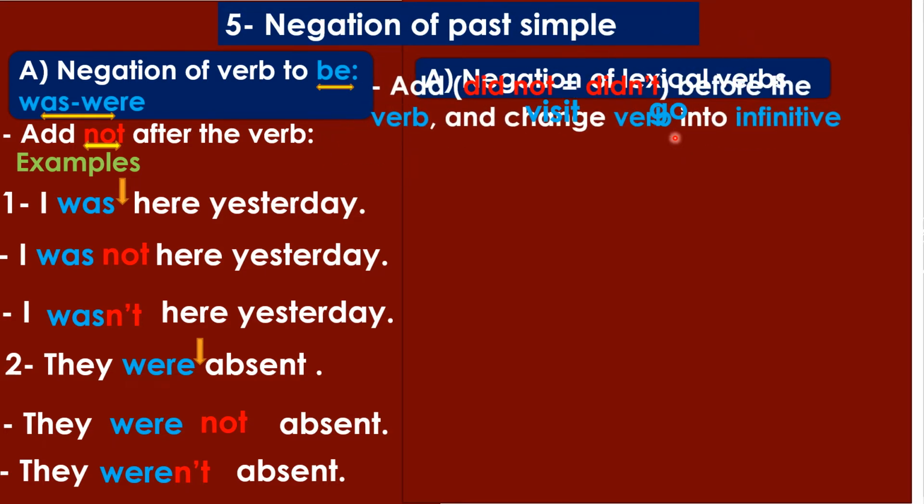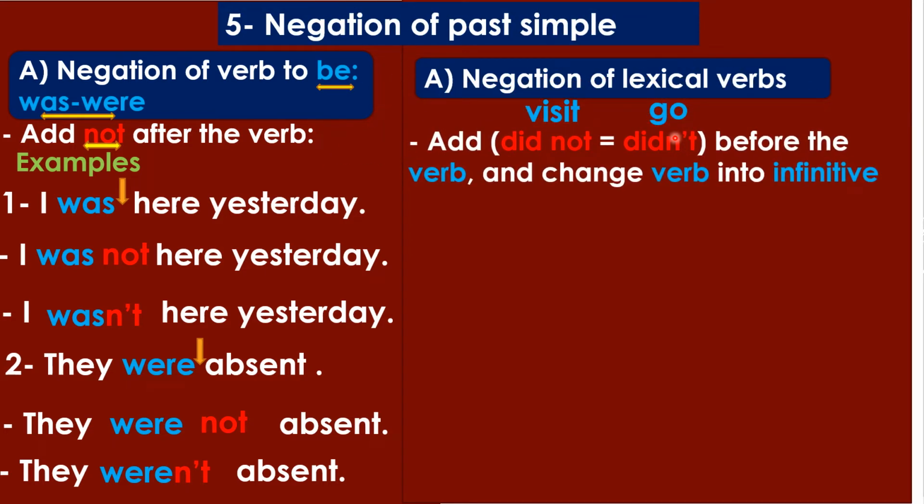Okay, so let's have a look at what is going to happen. ايه اللي هيحصل؟ Add did not or didn't, okay, before the verb. So you add did not or didn't before the verb and change the verb into infinitive. احنا هنعمل ايه؟ هنضيف did not أو didn't، هنحطهم قبل الفعل ونحول الفعل للانفينيتيف اللي هو التصريف الأول بدون أي زيادة.